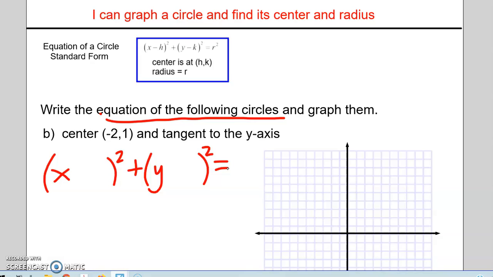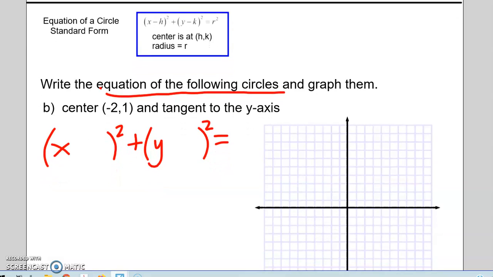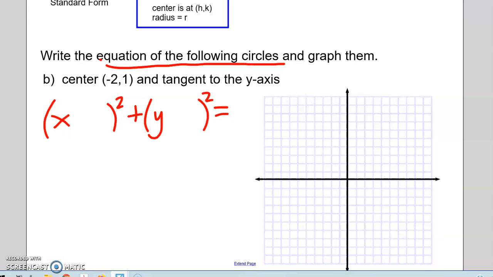Now we're not given a radius here, so let's look at this graphically first, and then we'll come back to writing that equation. So the center is at negative 2, 1, so negative 2 on the x, and then 1, so that is my center right there.